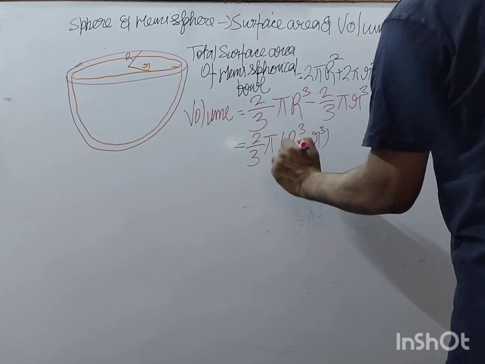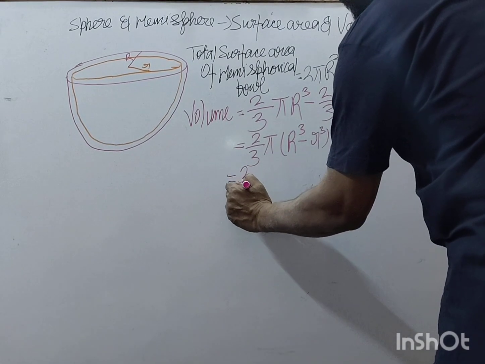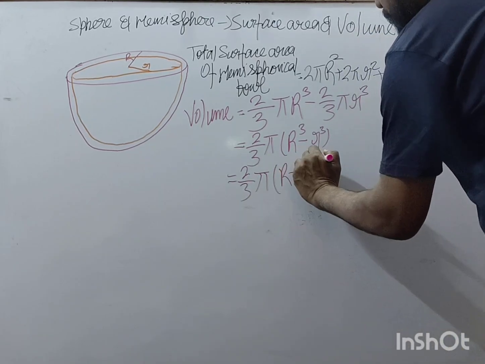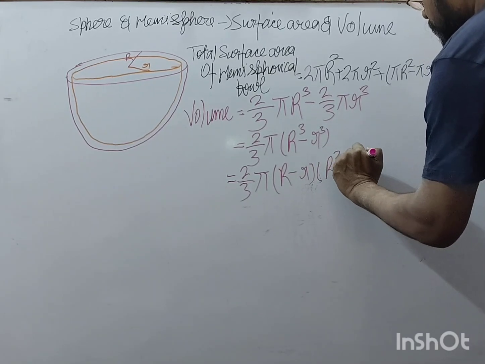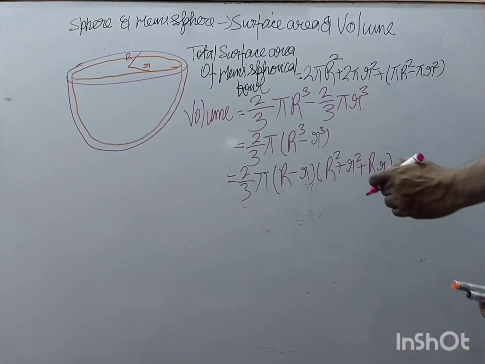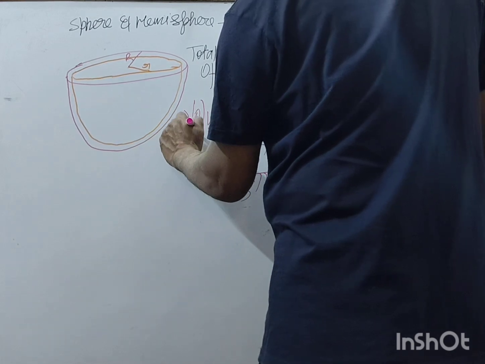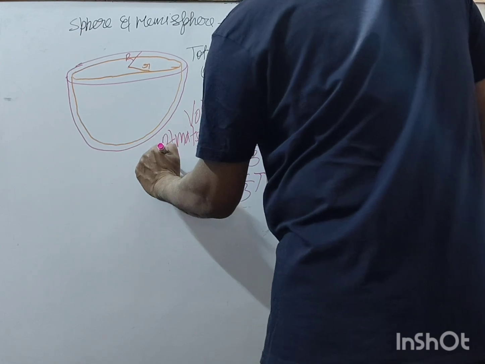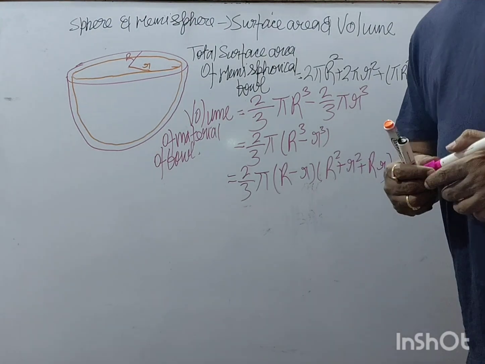So this is, or we can write 2 by 3 pi capital R minus small r bracket capital R square plus small r square plus capital R small r. How you can get volume? Volume of material of bowl. Material of bowl. Right? Okay.